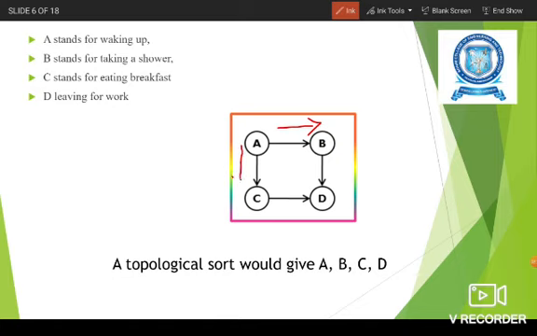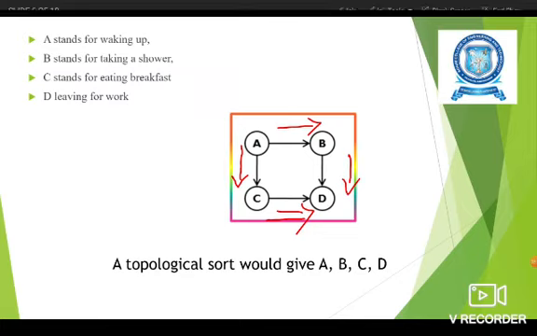A before C. Before eating breakfast, you must wake up. B before D. Before leaving for work, you have to take a shower. C before D. Before leaving for work, you have to eat your breakfast.